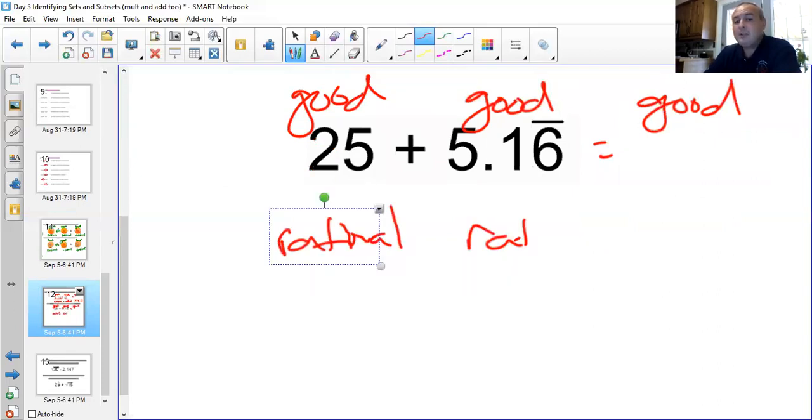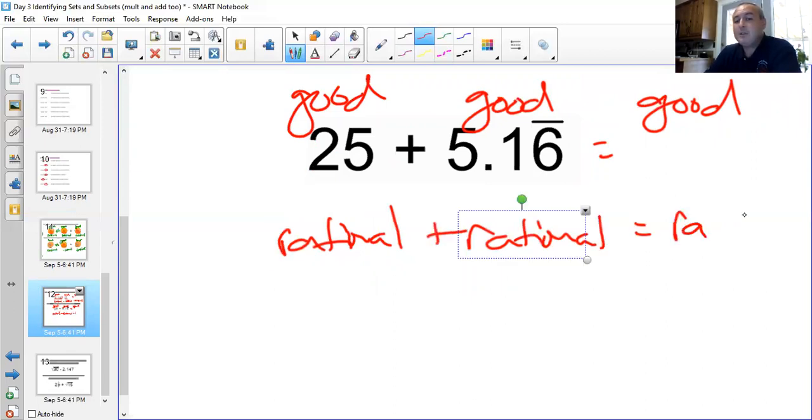So rational numbers are going to equal rational numbers when they are added, right? And you want to make sure you look at them. We know that 25 is a counting number, which makes it a natural number, and we know that natural numbers are rational. We also see this decimal here. You've got 5.16 with a bar over the 6, which means that it's repeating. We know that repeating decimals are rational.